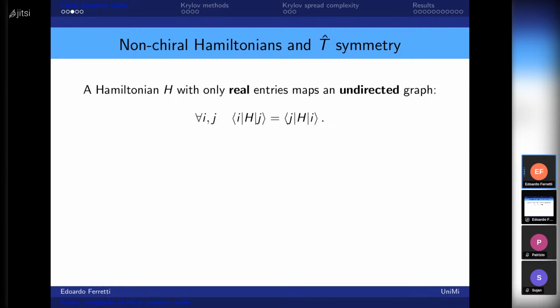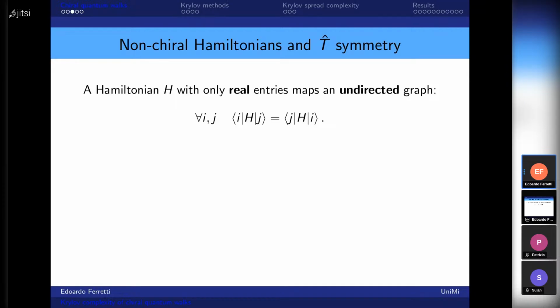restricted to real Hamiltonians, so Hamiltonians whose entries are real numbers. Because H must be a Hermitian operator, being real implies that it is also a symmetric matrix.